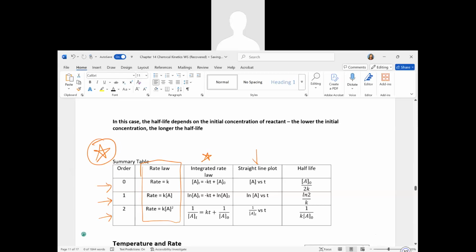We even have what would create a straight line plot. So, for example, for a zero order reaction, our y value being concentration versus t would give us that straight line plot. And then the last column here summarizes all three half-life equations.